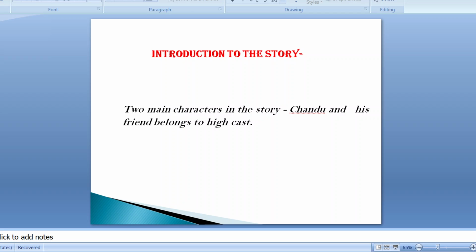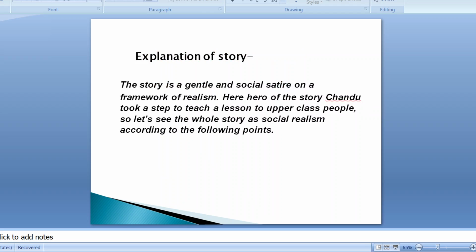So we can say that this story shows casteism, and Mulk Raj Anand wrote this story as a social satire on casteism. So this is the general intro about our story, and next we can say that the story is a gentle and social satire on a framework of realism.